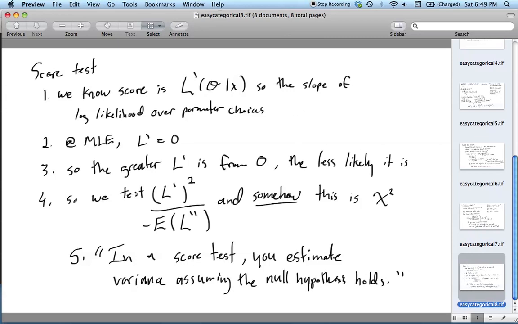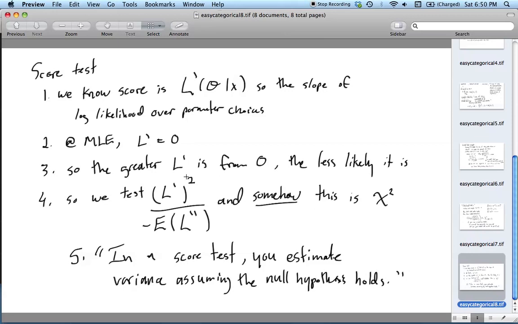Okay, and so I really am hazy on the exact details here, but basically to do the score test, you take the score function evaluated at your null parameter, squared, and you divide that by the negative expected value of the second derivative of your log likelihood function. And somehow, magically, this thing is chi-squared.